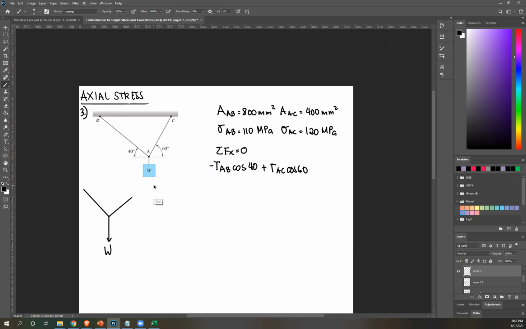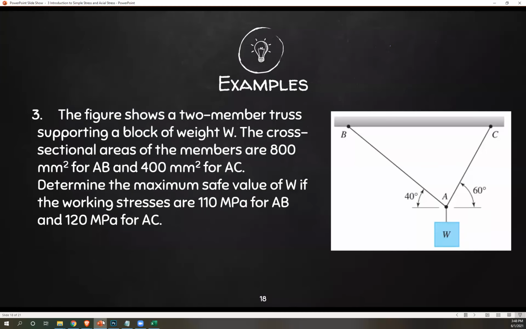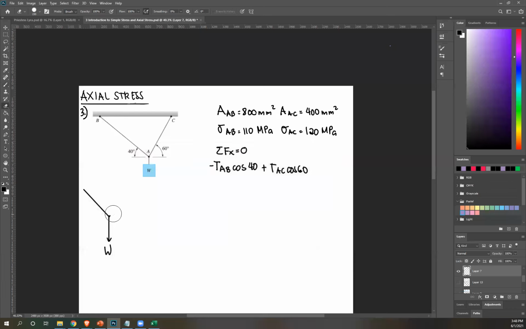Then once again, whenever you have cords, ropes, lines, in this case, we have a member supporting weight. It's in tension. It's up. So let's call this TAC, TAB. You may still use force F, P, doesn't matter. This is just my preference.